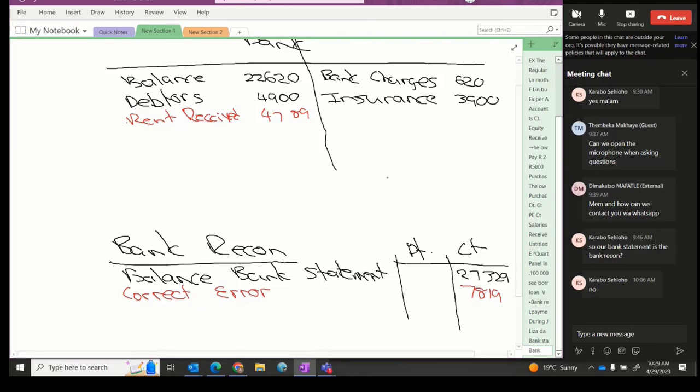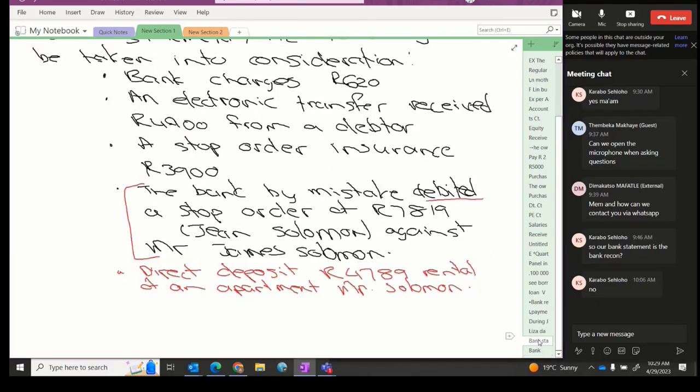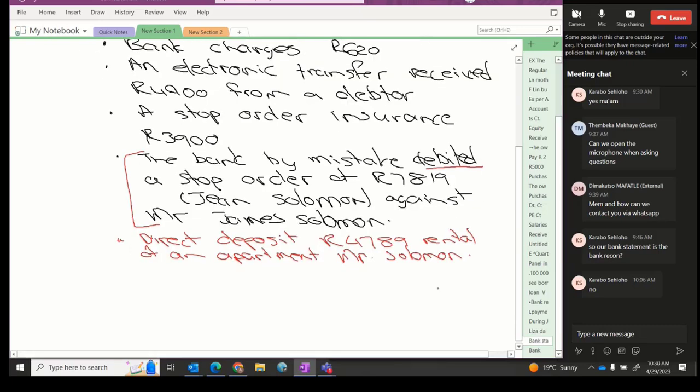Okay, so it seems like you're getting the hang of it now. Now the next one, they say you are receiving interest. Remember, this is also on your bank statement that it showed.